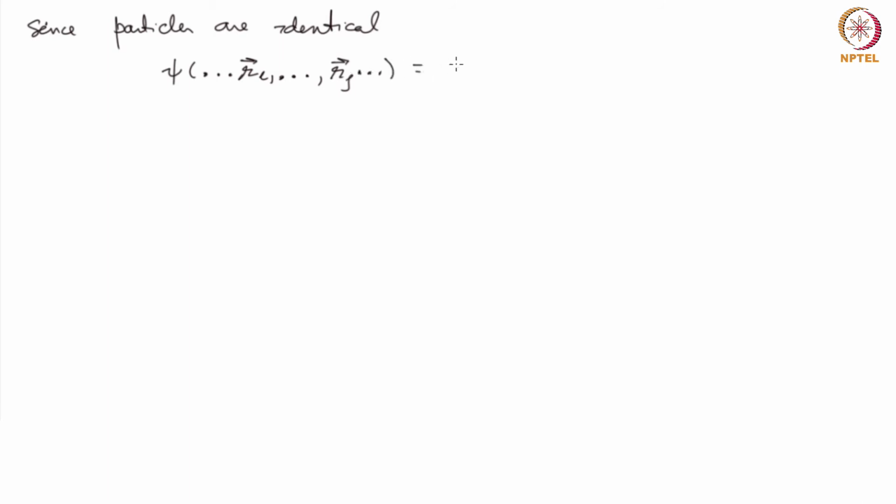So here Rj, Ri. I have interchanged ith and jth particles. So this is one possibility, and the other possibility is the minus sign. Plus is for bosons and minus is for fermions.